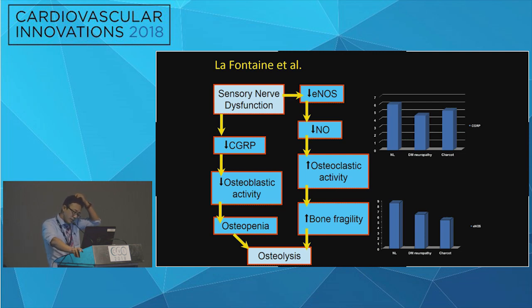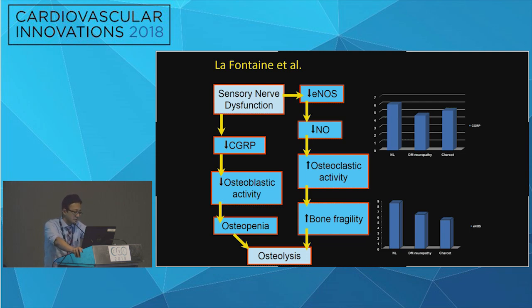So this is what we did at UT San Antonio. When I was back at UT San Antonio, LaFontaine did the study. We took all the samples from humans and stained them with immunohistochemistry, looking at the eNOS and the CGRP that we always talk about in wound care. What we found was that the amount of eNOS and CGRP was significantly decreased in those patients who have diabetic neuropathy in the Charcot.